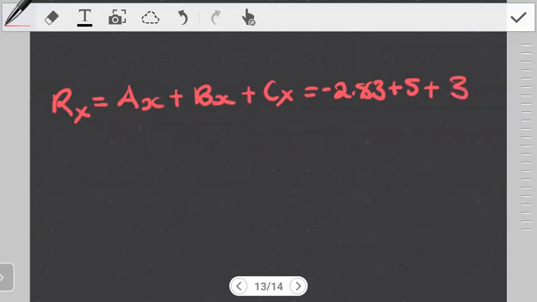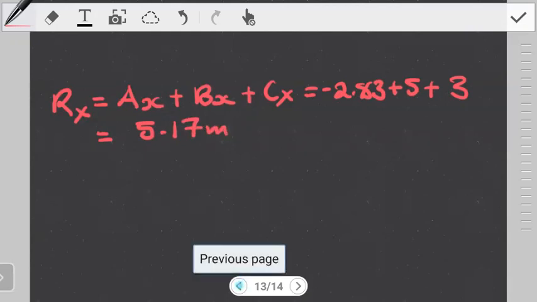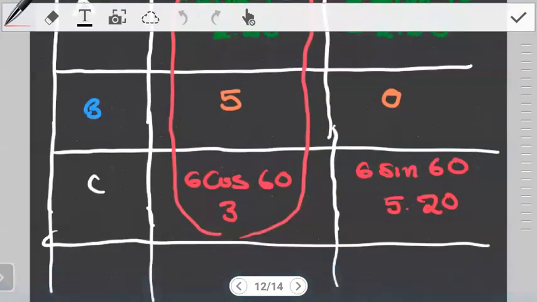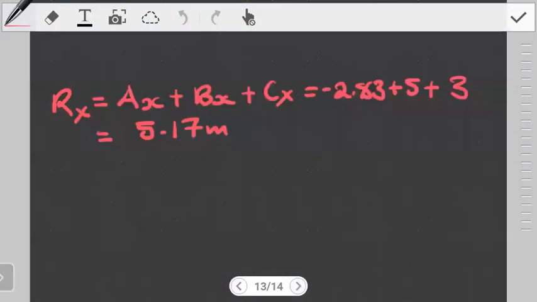Adding them all, this comes to give us 5.17. So this is in meters. So I can get this value and fill it in my table. So this is the resultant, 5.17.